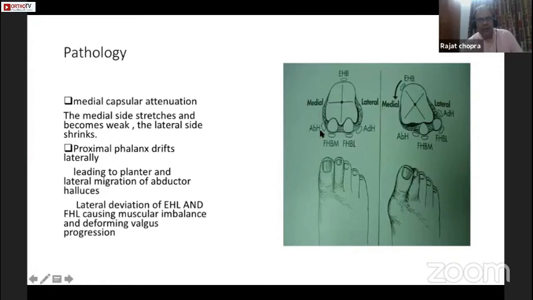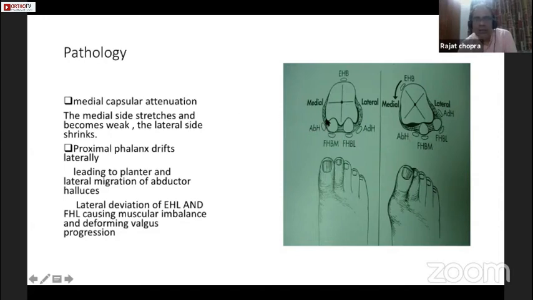Now, we don't know exactly what happens, why the deformity starts, and which side gives in first. When I was a student, they used to say that it is the cresta that becomes flat, and then the problem starts. But then there was another school of thought which said no, it is the abductor hallucis, which becomes weak and dysfunctional and moves plantarwards, so it comes here, and that's how the deformity starts.